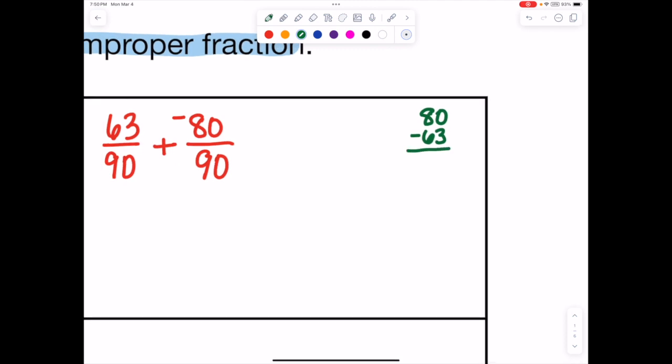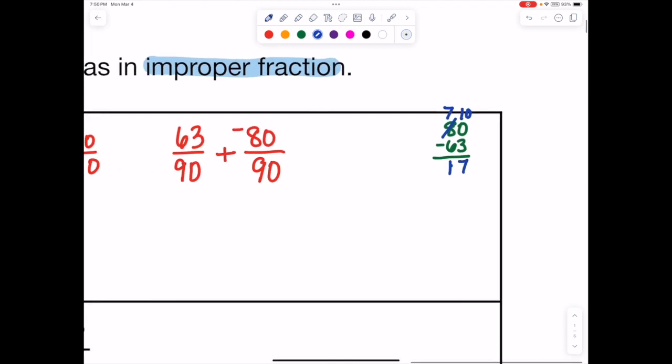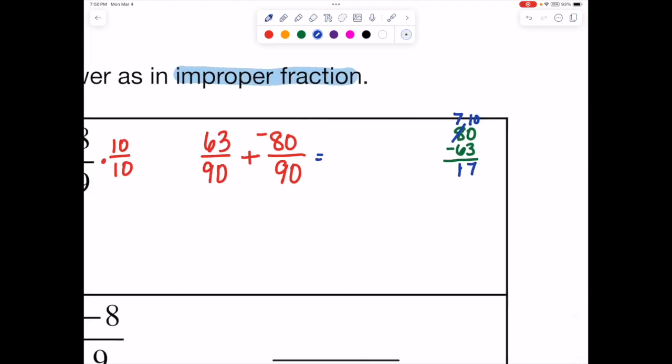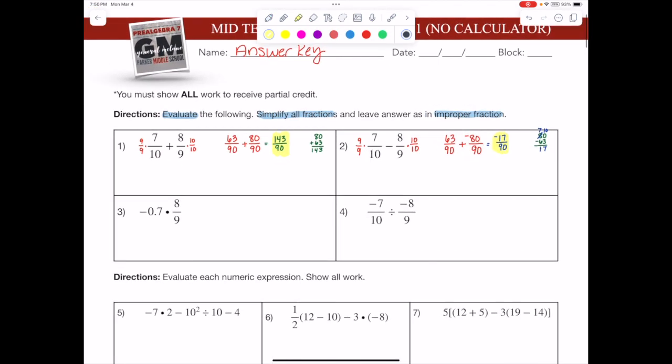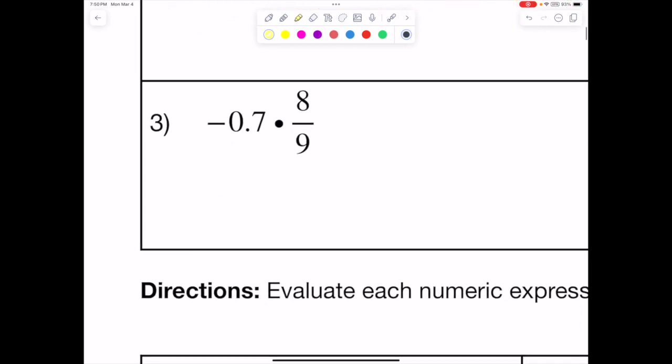We're going to do some regrouping here. So this is a 7, this is a 10, 10, 9, 8, 7, and a 1. So we have a 17, but keep the sign of the bigger digit. We end up with negative 17 over 90, and that is simplified, so we are done. I'm going to highlight my answer. Let's look at the next one.